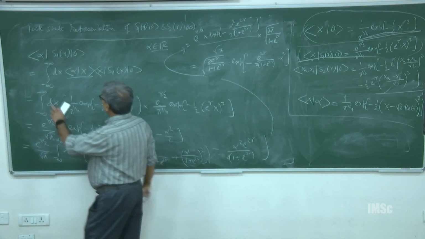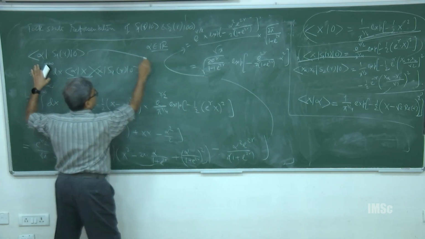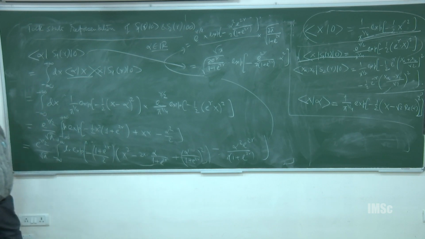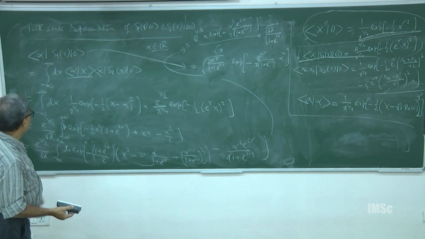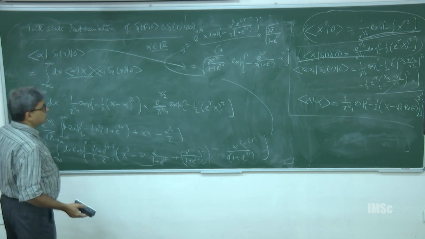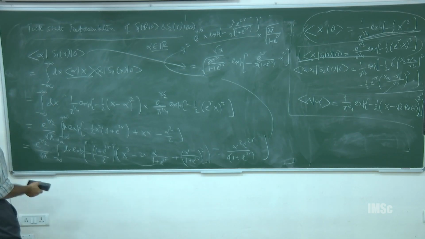So, this is what the value of this quantity is. Okay. Right. And remember, I have chosen alpha to be real. Okay, good. So, I will have to erase some portion.